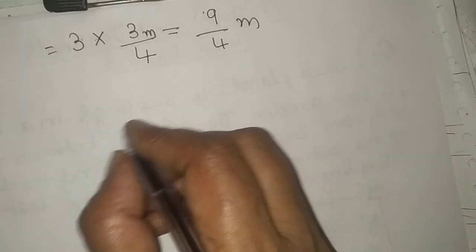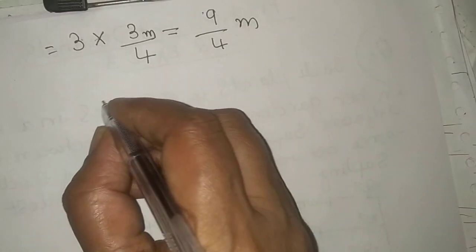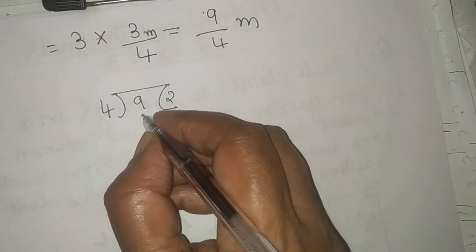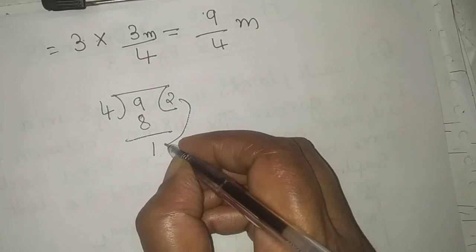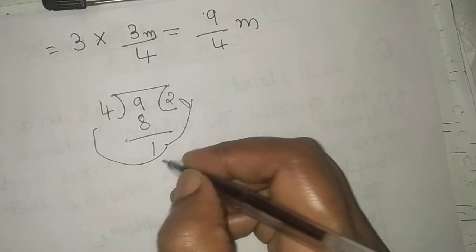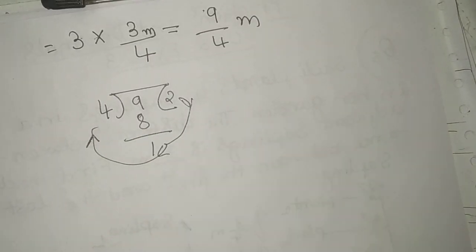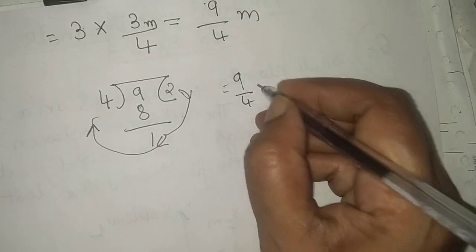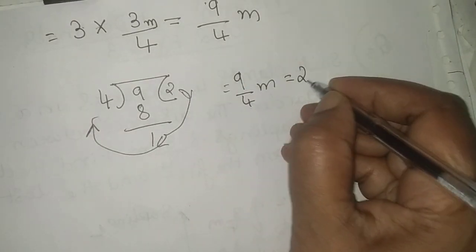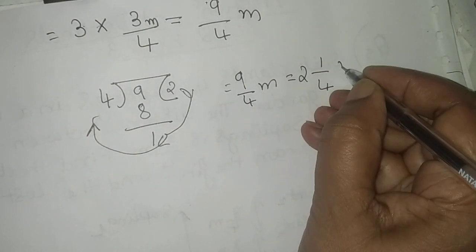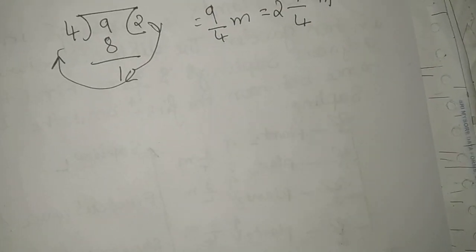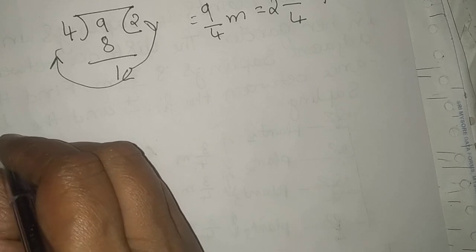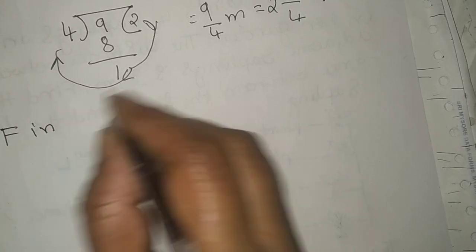Now this can be written as 9 divided by 4. 4 2s are 8, 1 remainder. Write in this form: that is 9 by 4 meters is equal to 2 1 by 4 meters. So finally this is the answer. That's all.